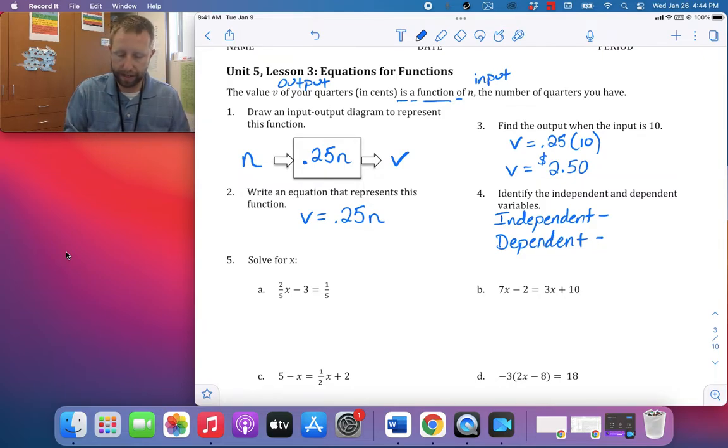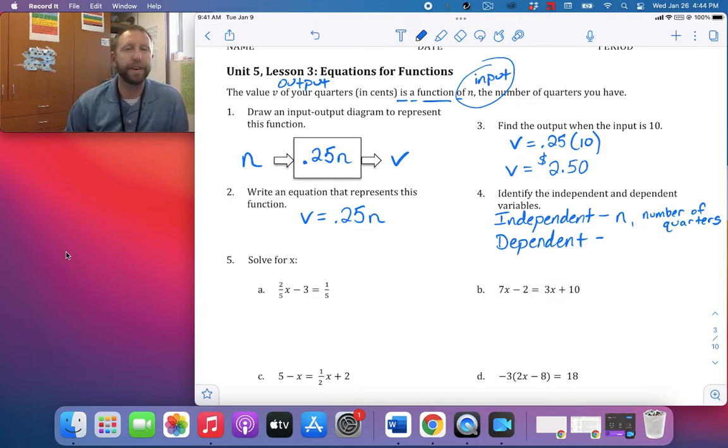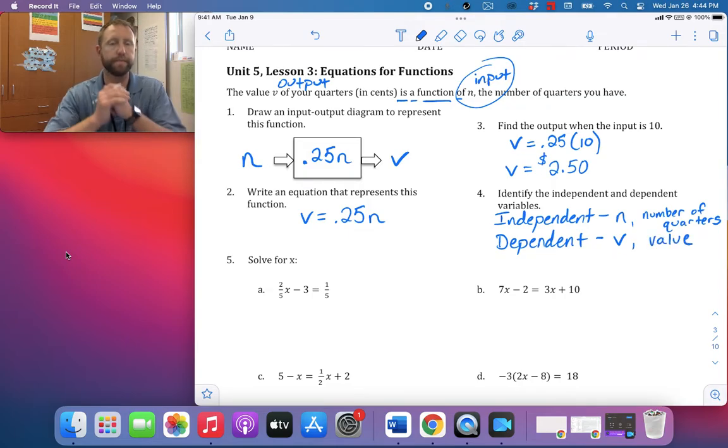And up here we said input is n. Well, what did n stand for? It stood for the number of quarters. That means the dependent variable, that's the output, that's the v, and that stood for the overall value of the coins.